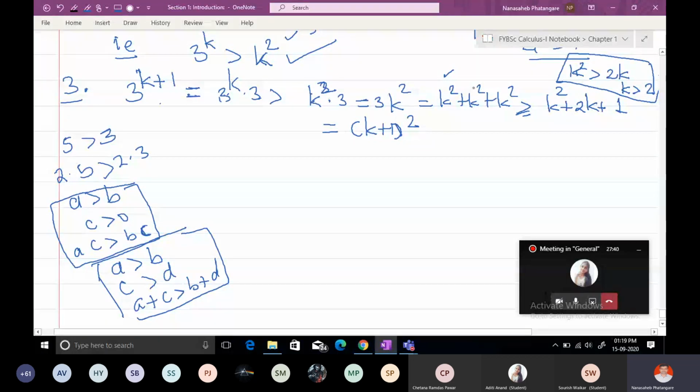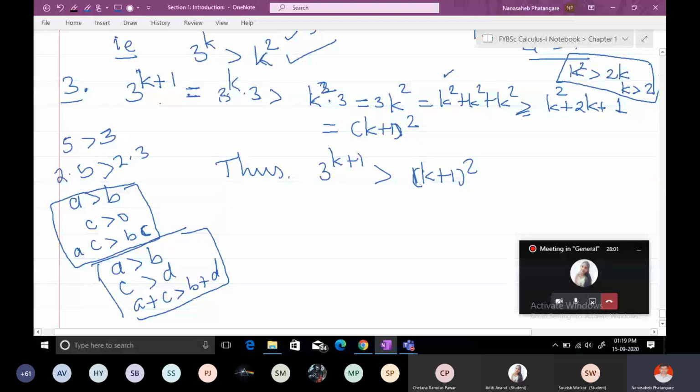Again I can replace k square by a smaller amount, which is 2k, and k square by a smaller amount, which is 1. The result is smaller, which is (k plus 1) square. So ultimately, what I get is 3 raised to k plus 1 is greater than (k plus 1) square, right? And therefore from k to k plus 1 we are able to prove it.